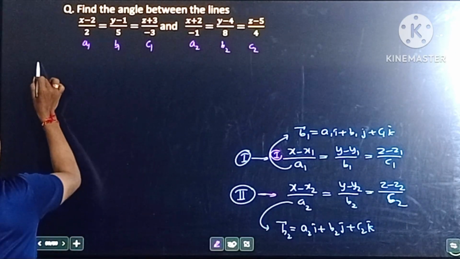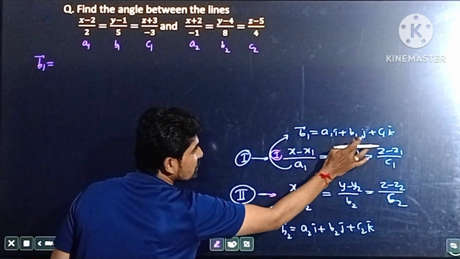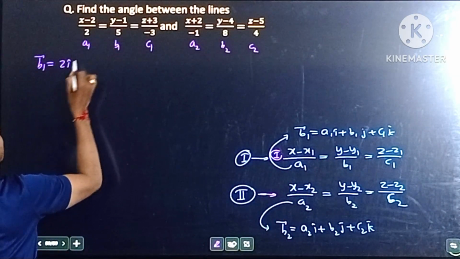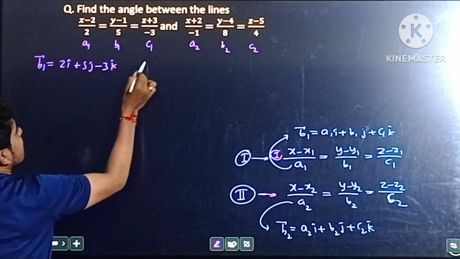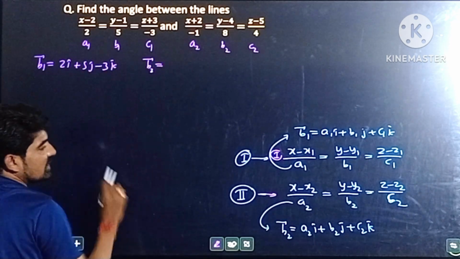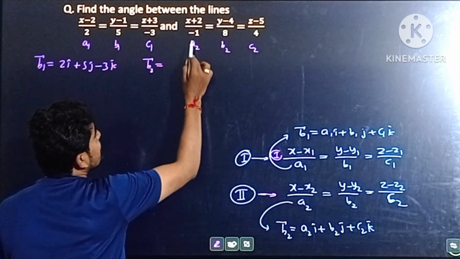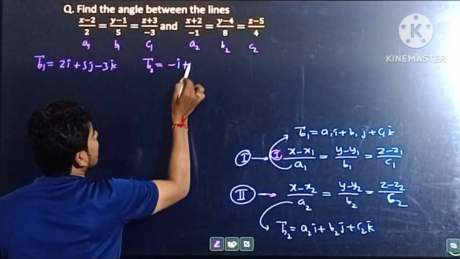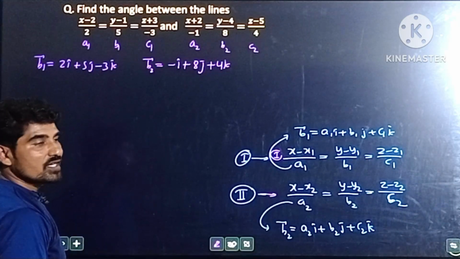Therefore, from the first line we got b1 vector, which is a1 i plus b1 j plus c1 k, that means 2i plus 5j minus 3k. Similarly, b2 vector is a2 i plus b2 j plus c2 k. Here a2, b2, c2 are minus 1, 8, 4. Therefore, b2 vector is minus 1i plus 8j plus 4k. I hope all of you understood.